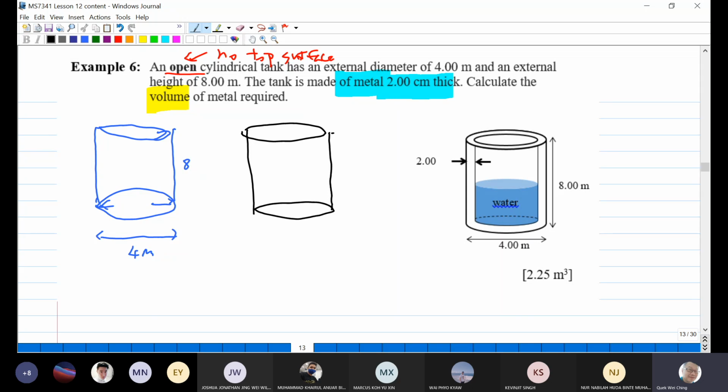I go in, thickness is 2 cm here. So this goes inside the tank here.